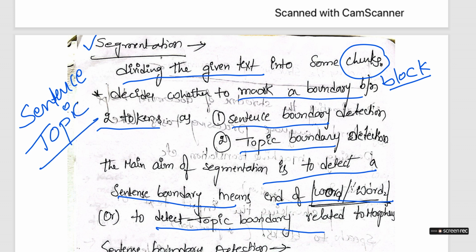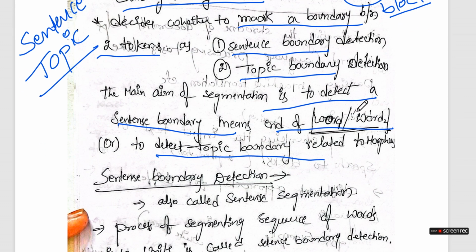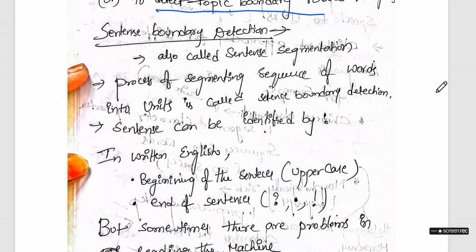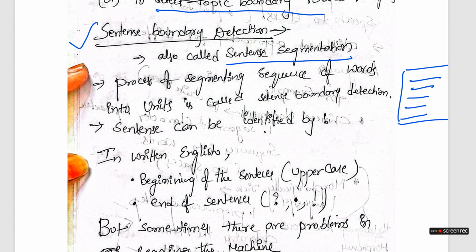Now we'll go for sentence boundary detection. What is sentence boundary detection? It is also called sentence segmentation. Suppose there is a paragraph, and in this paragraph there are many sentences.